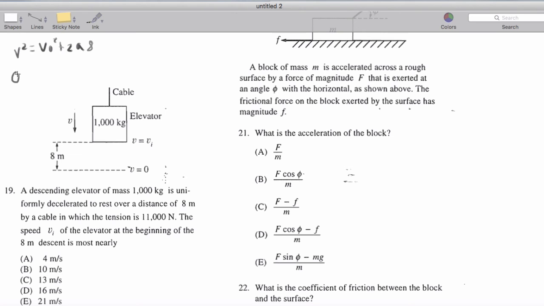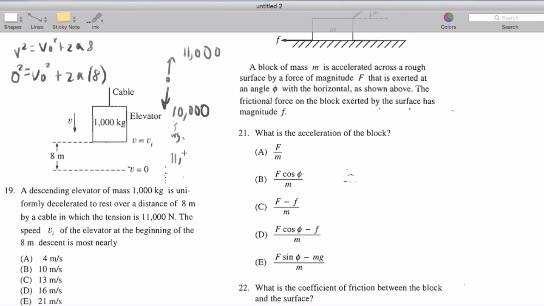So 0 squared is the speed at the bottom. V naught squared is what we want to find, so 2 times a times 8. So now we want to get the acceleration on the elevator, so we have this cable force, which is 1100 newtons, and then we have this weight force, which is 1000 times 10, which is 10,000. That's m times g. So what's the net force?